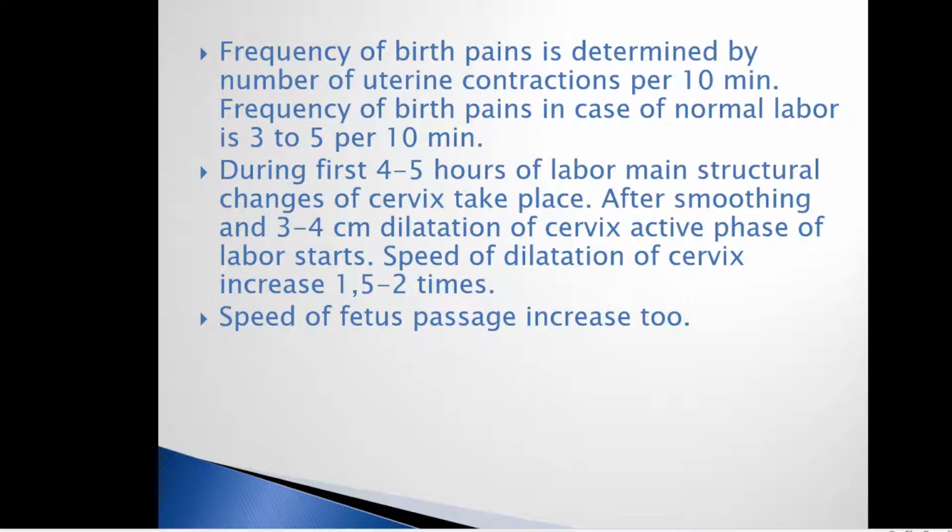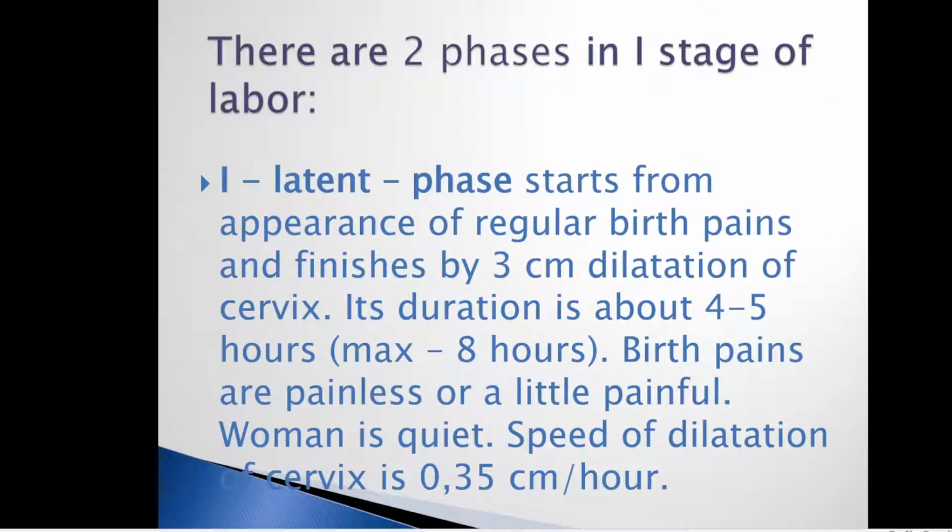During first 4-5 hours of labor, main structural changes of cervix take place. After smoothing and 3-4 cm dilatation of cervix, active phase of labor starts. Speed of dilatation of cervix increases 1.5-2 times. Speed of fetus passage increases. There are two phases in first stage of labor.